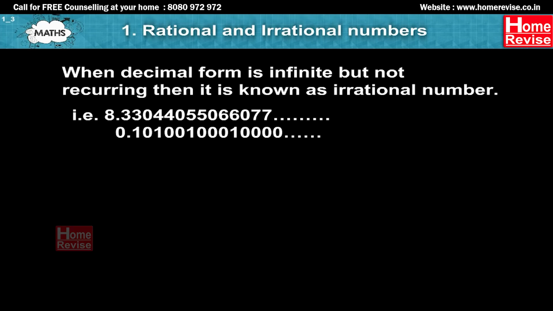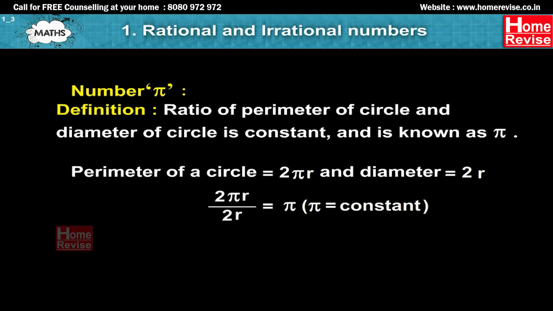Number pi. Definition: ratio of perimeter of the circle and diameter of the circle is constant and is known as pi. Perimeter of circle is equal to 2 pi r and the diameter is 2r.